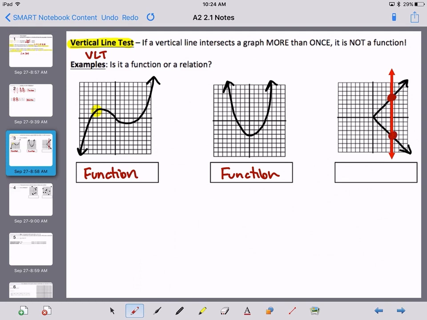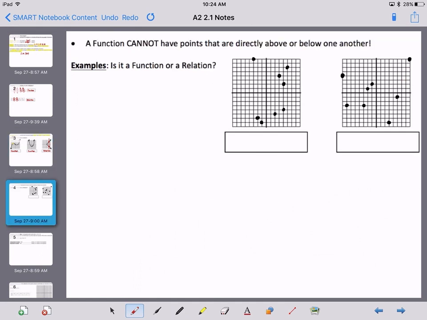So again, if it crosses the graph more than once, it is not a function. We cannot say this is a function. It's simply a relation. The main thing there is if the graph has points that are directly above or below each other, then it's not a function.